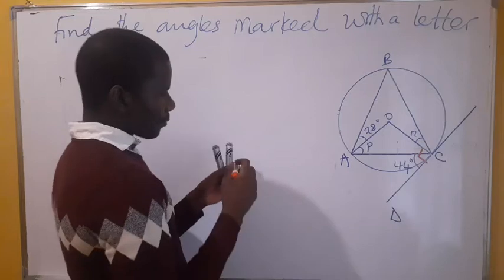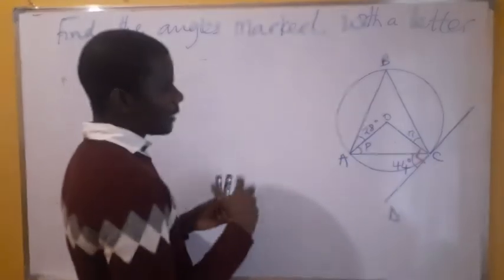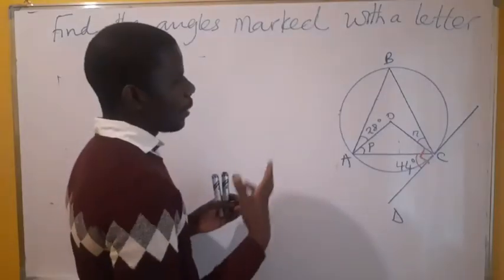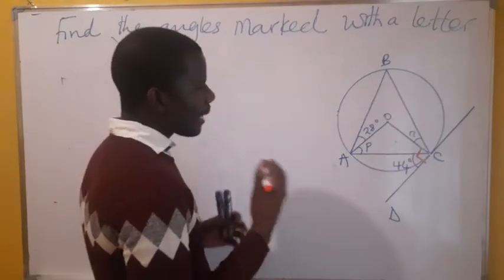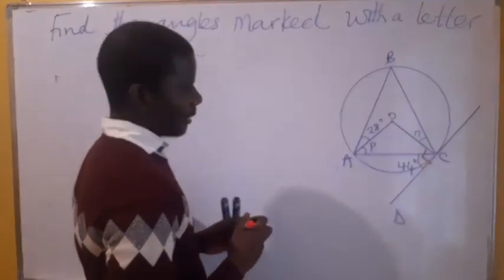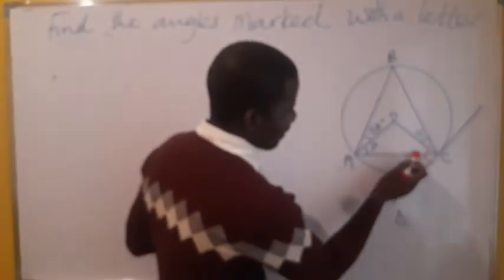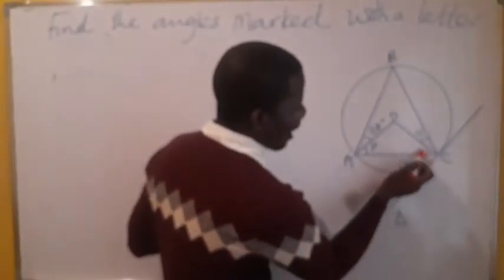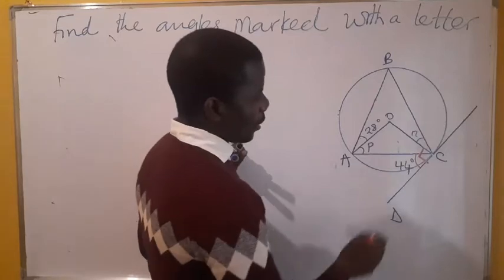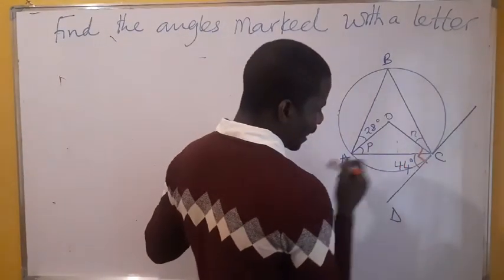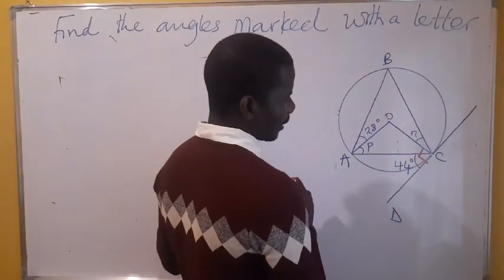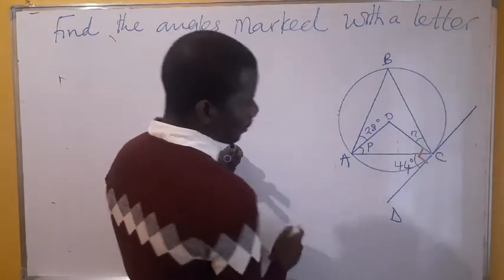But then, even before we proceed, we need to apply a lot of concepts here. So if the whole angle is 90 degrees, we need to subtract this one from 90 degrees.